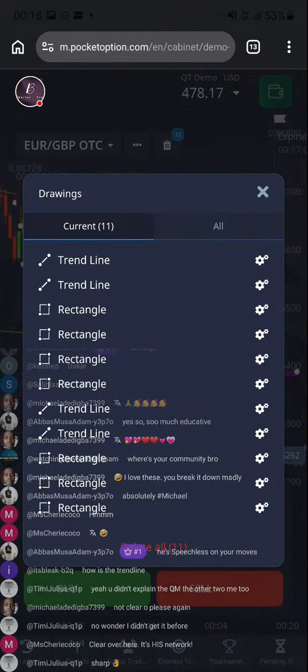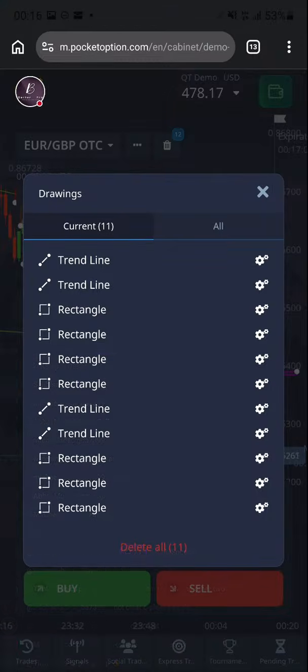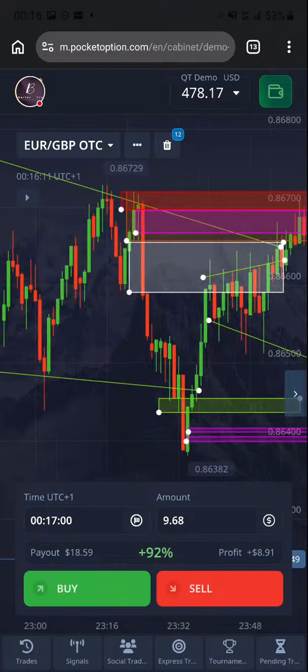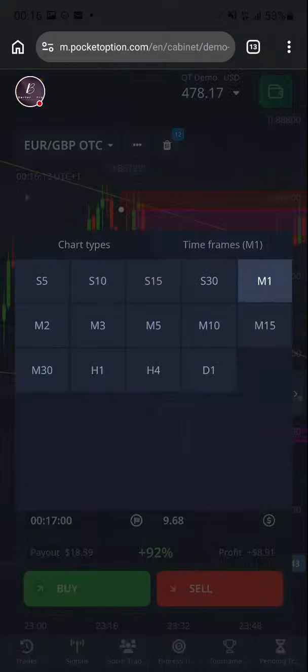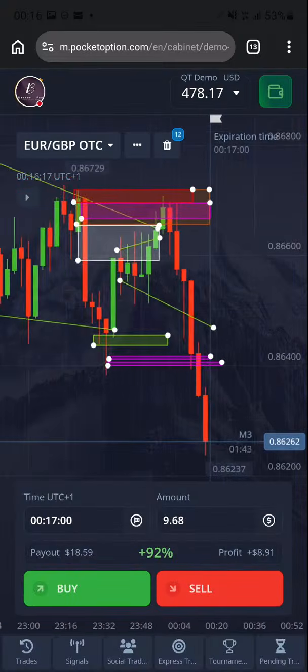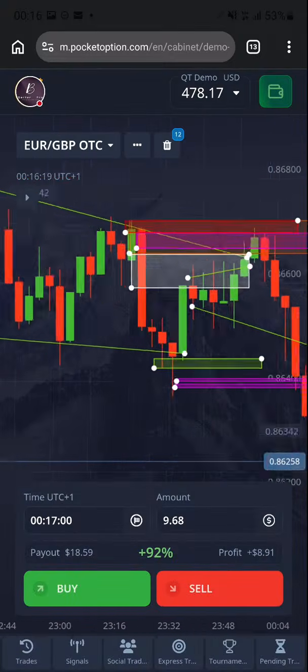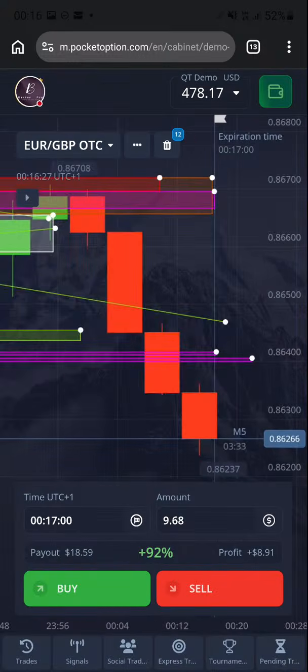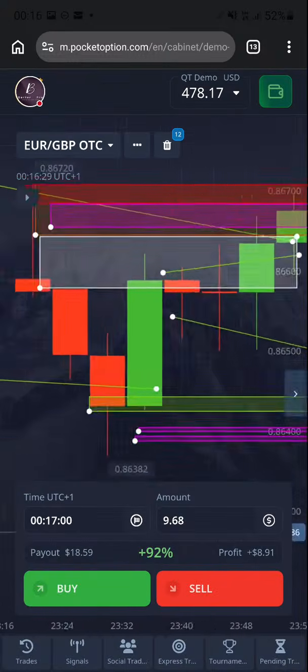Okay, I think it's clear now. So the first thing we need to do anytime we see a QM is to go to a higher time frame. We're currently in M1, so we'll go to M3. What we are looking for in M3 is an engulf. Look at this, we have an engulf here. Now, the only thing is that this engulf is not the type of engulf we should actually trade.